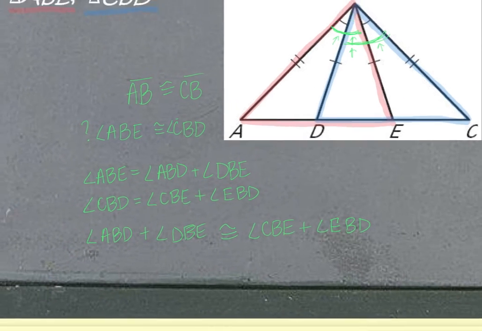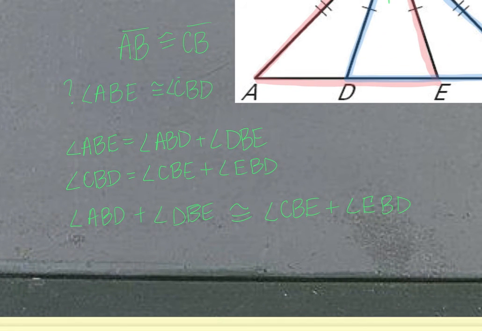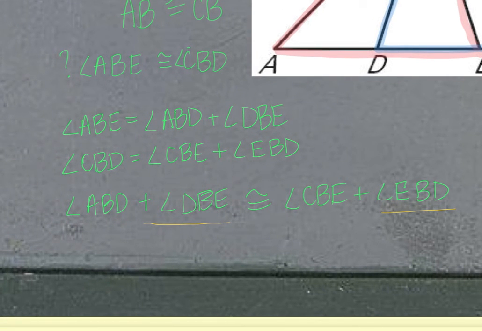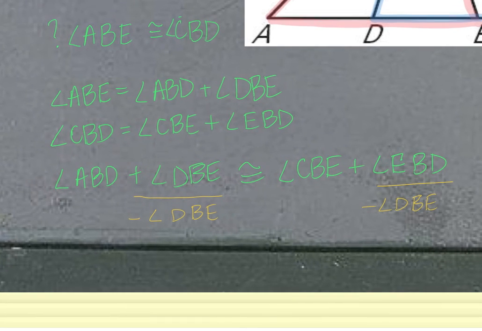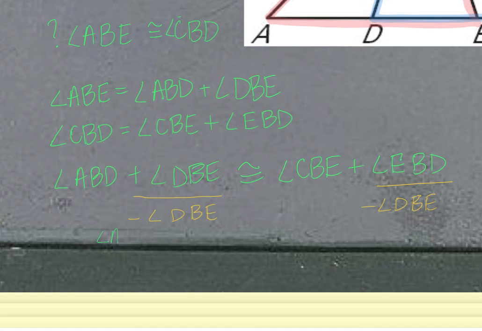Do I notice that there's anything in common between these two sides? Are those the same angle? Yes. Okay. So if they're the same angle, if we subtracted one from the other side, so minus angle DBE, minus angle DBE, we would just get that ABD is congruent to angle CBE.